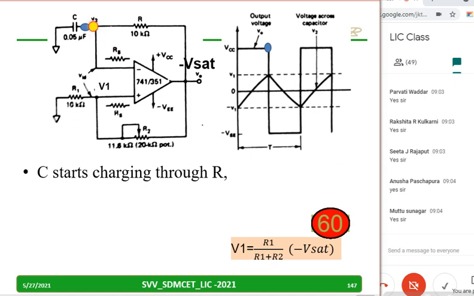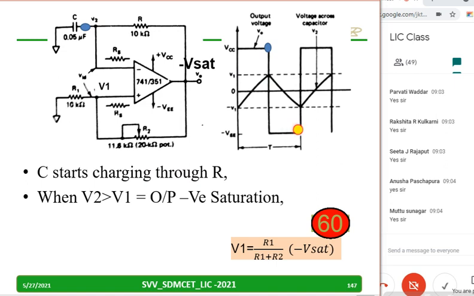Now when this voltage becomes a little more than V1, the output will go to minus V saturation. Why? This becomes positive and this is an inverting terminal. Hence, this will go to the minus V saturation. Because V2 becomes more compared to V1, output will go to the minus V saturation. This you have to understand.